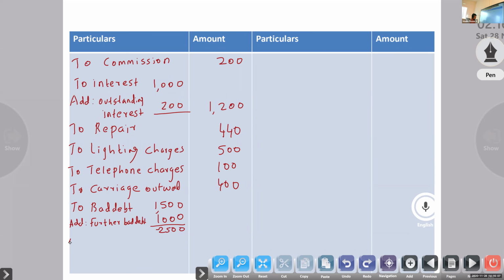2500, add new provision for doubtful debt. In the trial balance, old provision is not given.